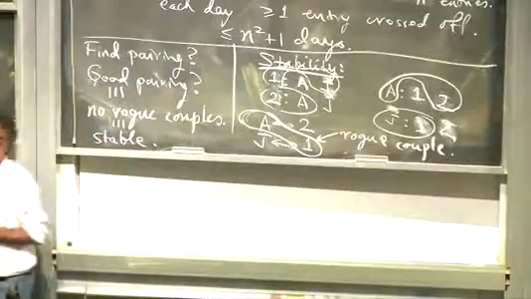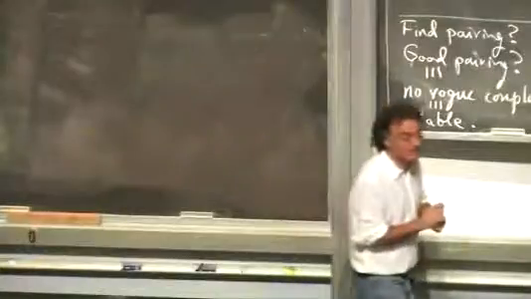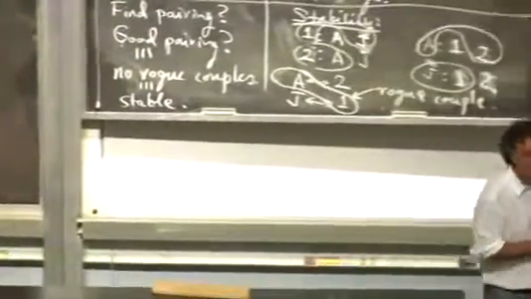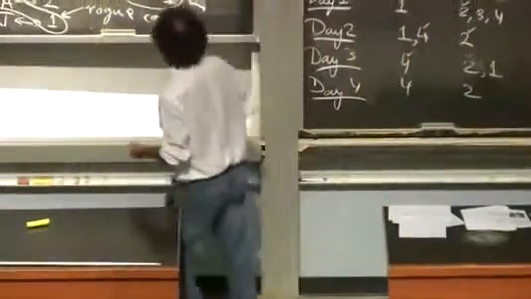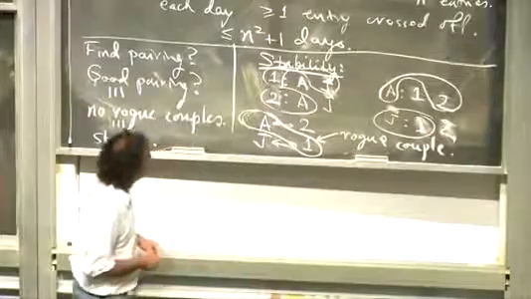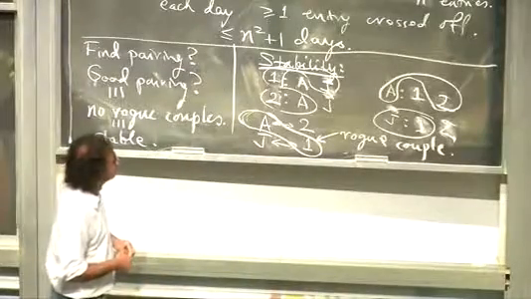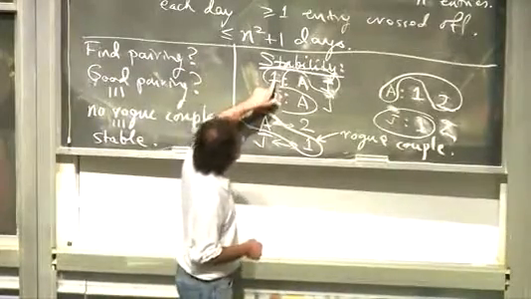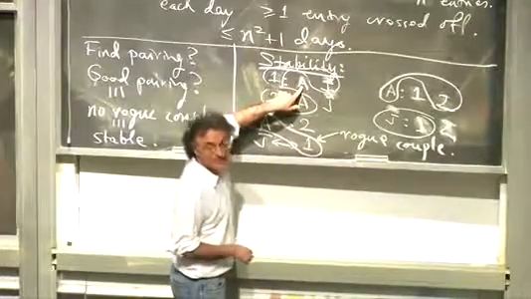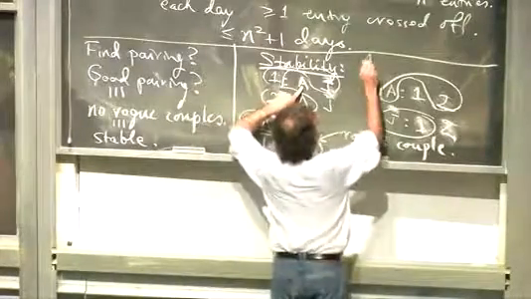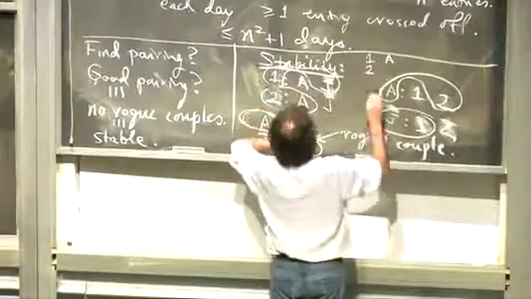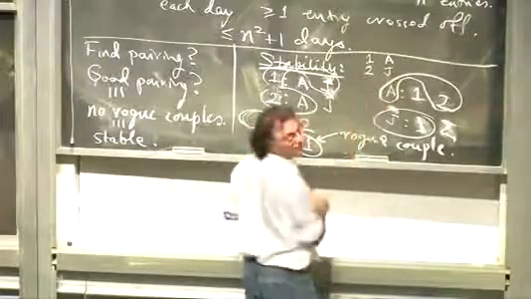Even in that case, can we have a stable pairing? Oh, yes, sure. In this case, there should be a stable pairing, shouldn't there? As soon as you pair up 1 with A, everything's stable. So if you have 1 with A and 2 with J, that's a stable pairing.